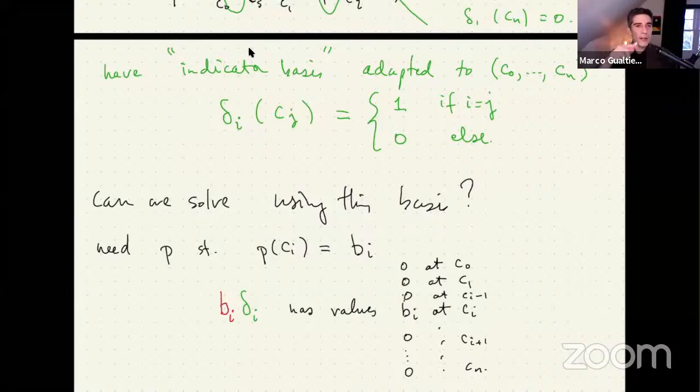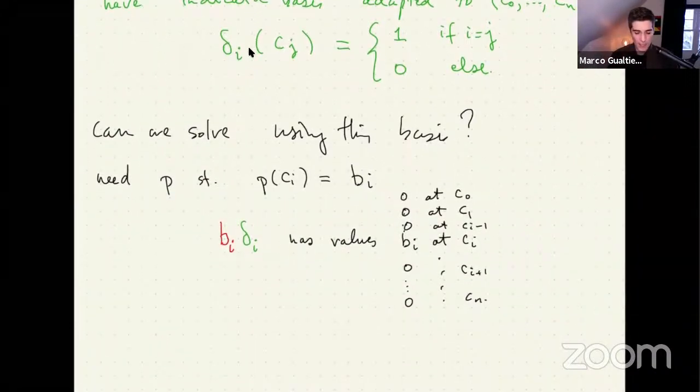So you see that the indicator basis is giving me a polynomial which I can use to capture the value Bi at the point Ci.